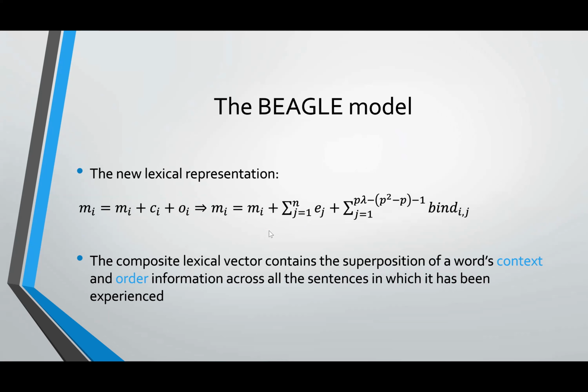Then the new MI becomes a composite lexical vector, capturing the word's meaning, context, and order information across various sentences. The dynamic update allows us to adapt and refine our understanding of a word as it appears in different contexts over time.